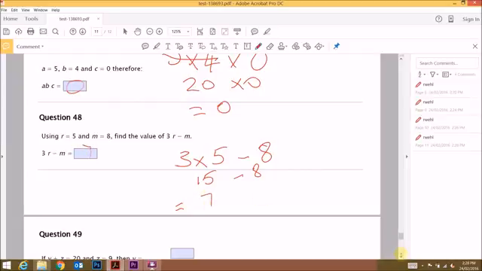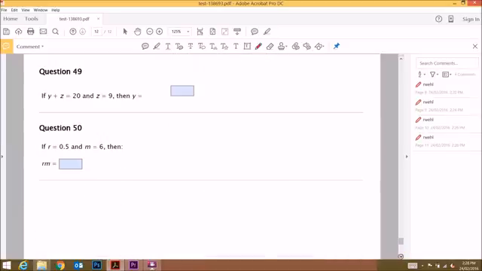Alright, just substitution there, pretty easy. If y plus z equals 20 and z equals 9, so y plus 9 equals 20, what must y equal? Y must equal 11, because 11 plus 9 equals 20.